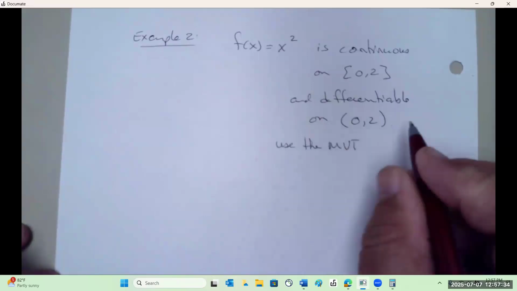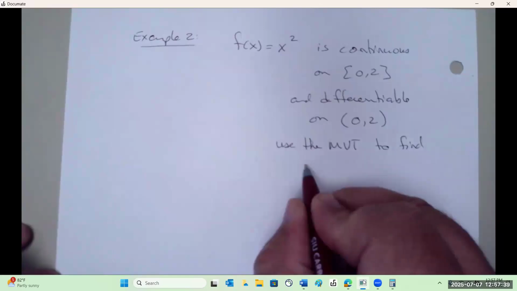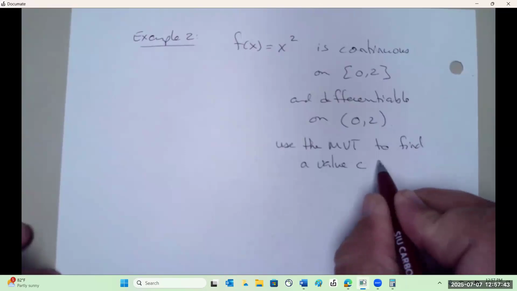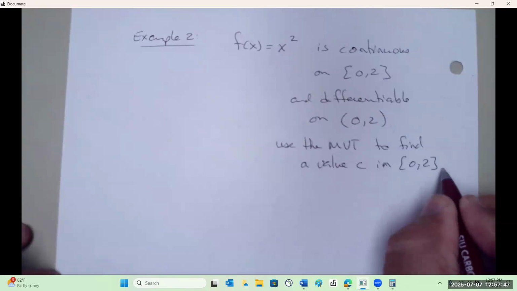Use the mean value theorem to find a value c in the closed interval [0, 2].